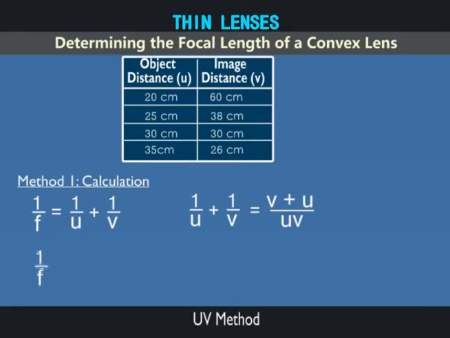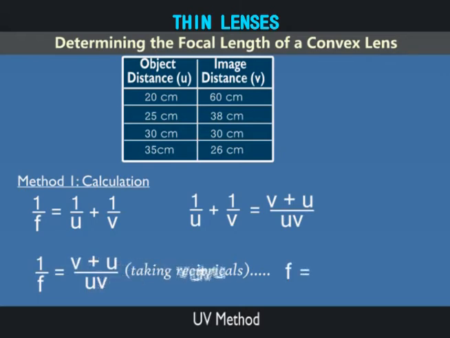And so 1/f = (v + u)/uv. And if we find the reciprocals on both sides, 1/f becomes f/1 or just f, and the right-hand side becomes uv/(v + u). So f = uv/(v + u).